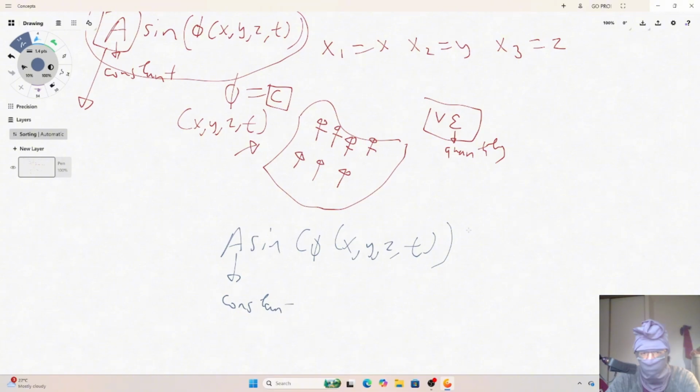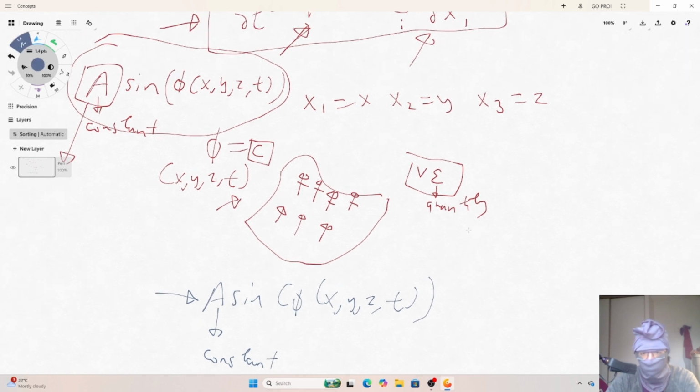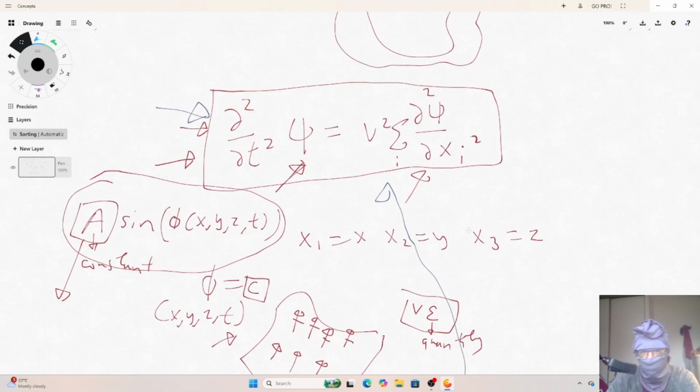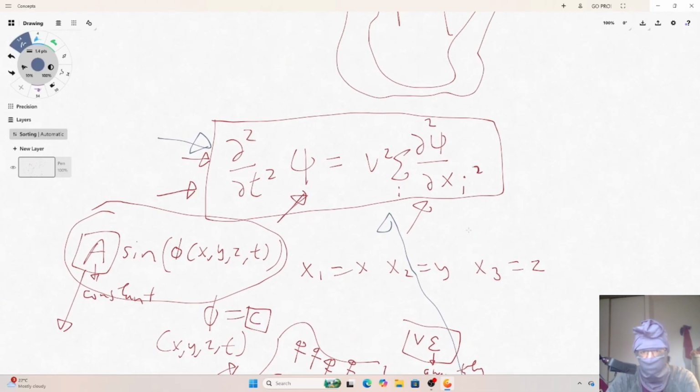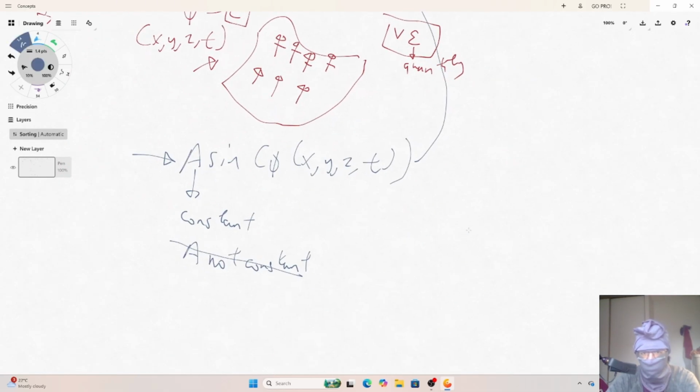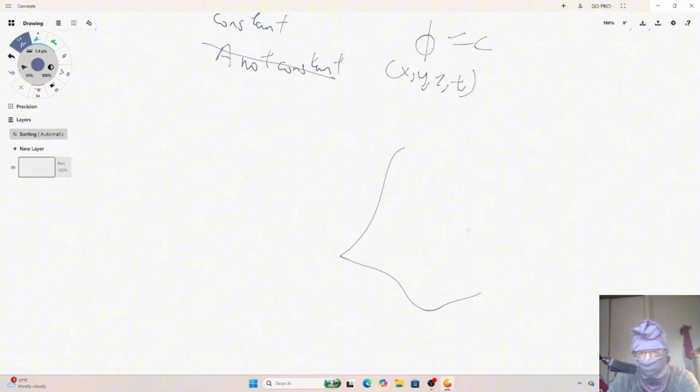So there could be solutions where A is not constant, but he was interested in solutions where A was constant, and you would find that the function obeying that equation would be such that the wavefronts would evolve that way. Suppose you took an initial wavefront.